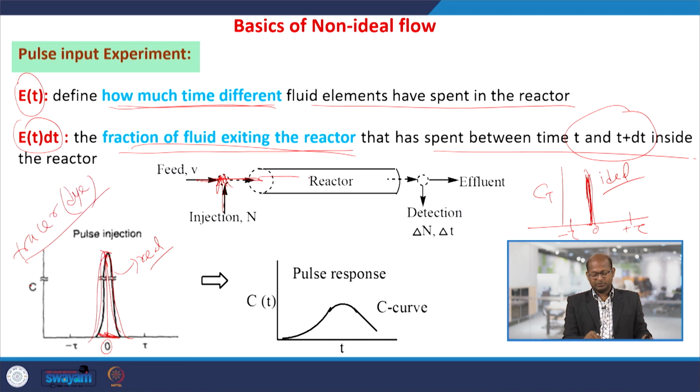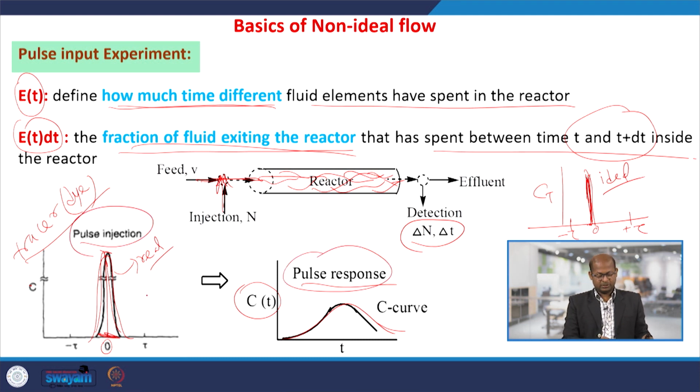After that, the distribution of the tracer spends time inside the reactor and then leaves. If we know this, we can plot concentration versus time. This is the pulse injection and this is the pulse response. From the pulse response we can get the C curves.